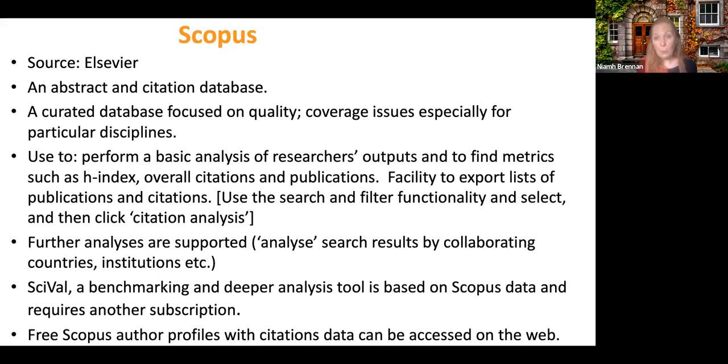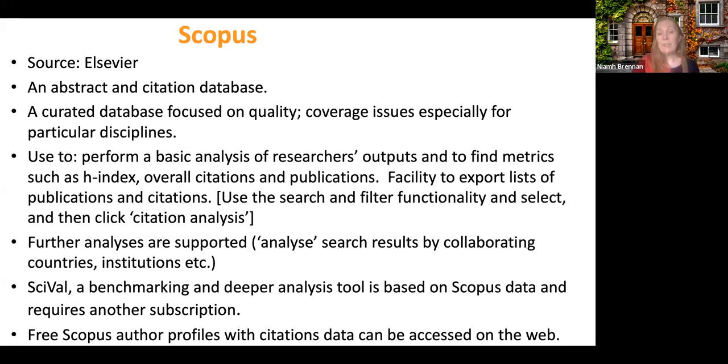And it's very important to know where to use the contact information to make any corrections that you need in these databases. And of course, they have another rather expensive, deeper analysis tool called SciVal that requires another subscription, and that's a benchmarking and deeper analysis tool. However, Scopus does provide free Scopus author profiles with citation information, and those can be accessed on the web.